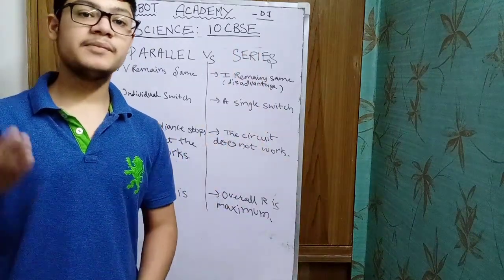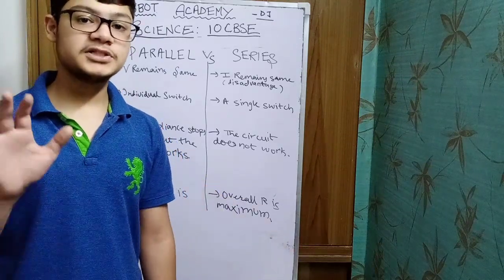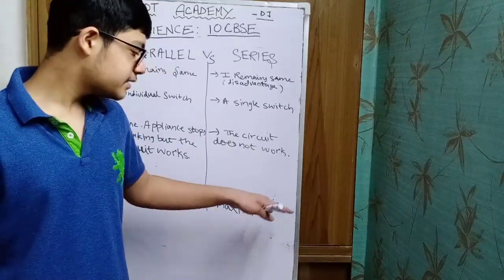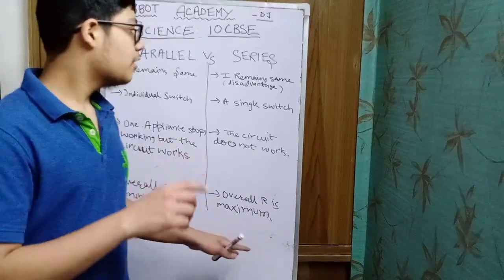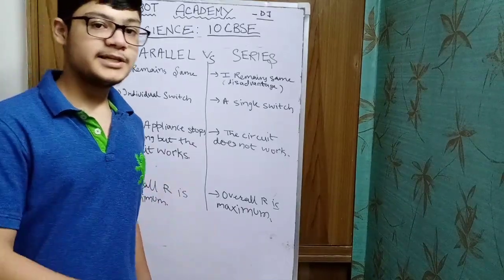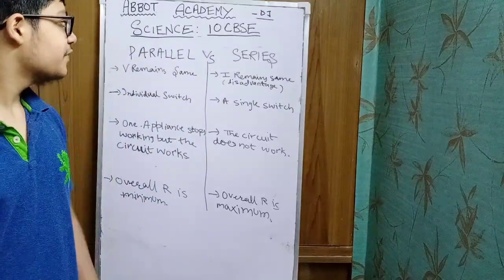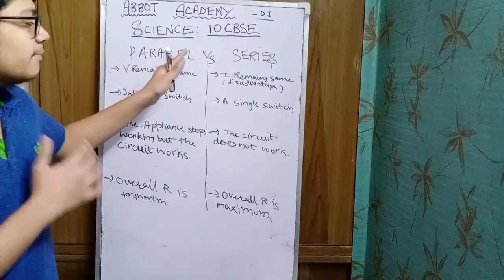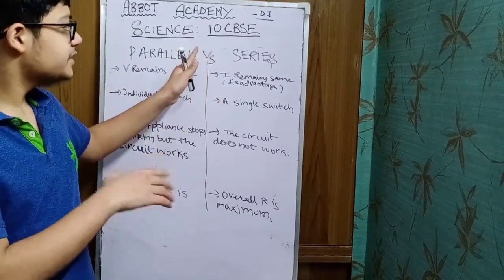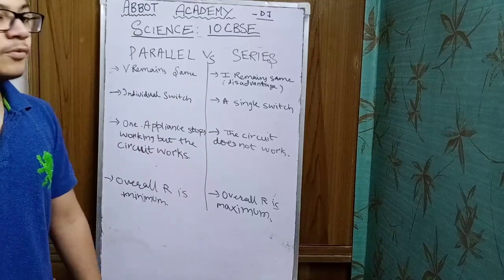So if the resistance is high, the current will be low, and if the resistance is extremely small, then the current will be high. So in series, resistance is maximum, which is a disadvantage. The current will be extremely small as compared to parallel. So these are some of the reasons why we use parallel in domestic circuits, and also why parallel arrangement is better than series arrangement. Both questions have a common answer: these 4 points.